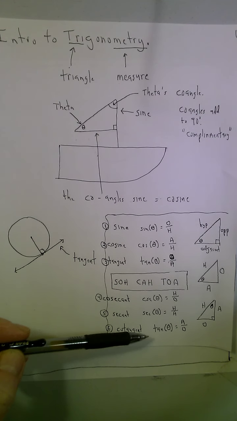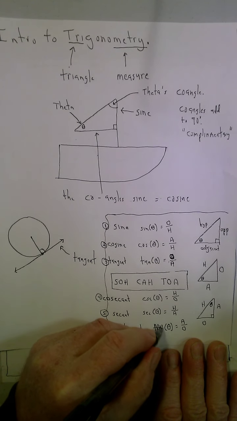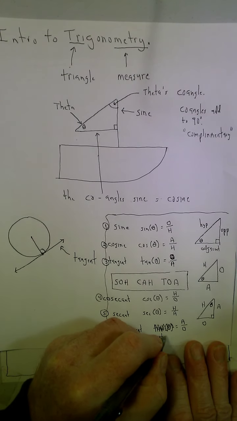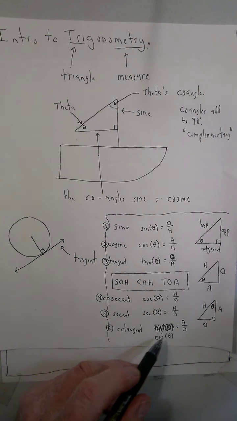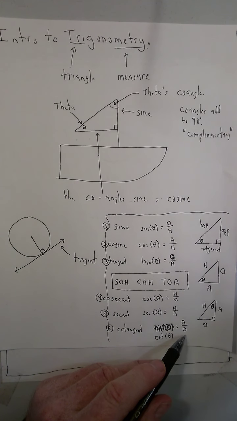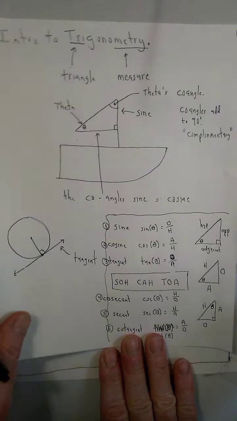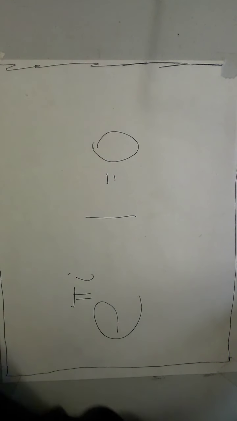Cotangent, COT, of theta is the adjacent over the opposite. It's tangent's reciprocal. Those are definitions. They're starting points.